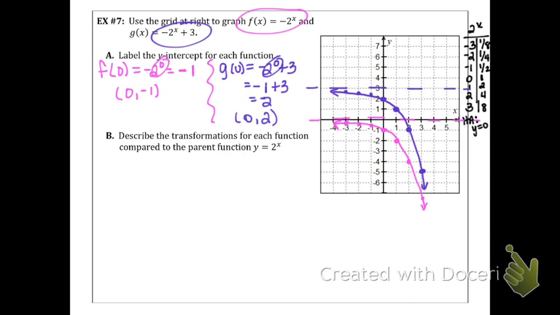And then B is to describe the transformation for each function compared to the parent function y equals 2 to the x. So for f of x, we said it was a reflection across the x-axis.